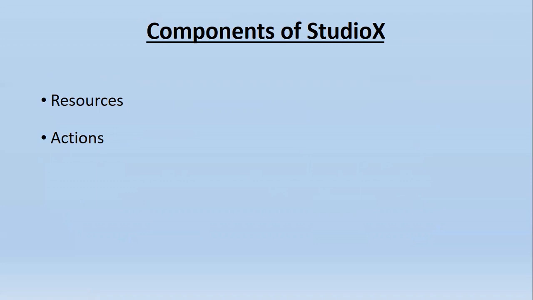Resources are nothing but all the applications that you're using. If you're doing web automation using Chrome, Internet Explorer or Firefox, then Chrome or Firefox become your resources. And the action that you perform on those resources, like you click somewhere, or you navigate to a certain tab, or you enter the password, or you download something. Those are the actions being performed on that particular resource.